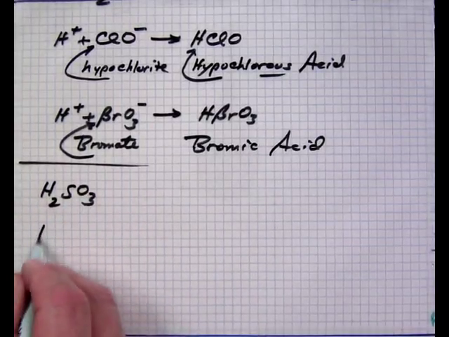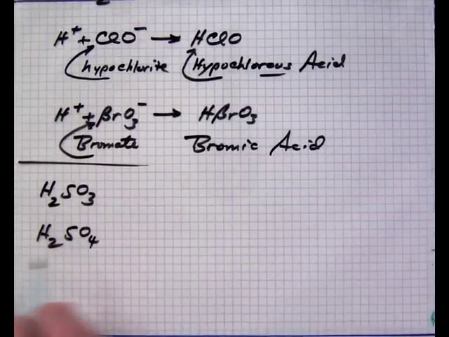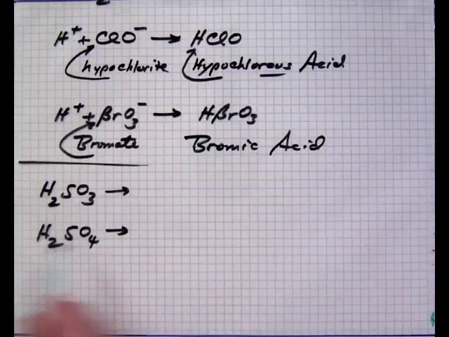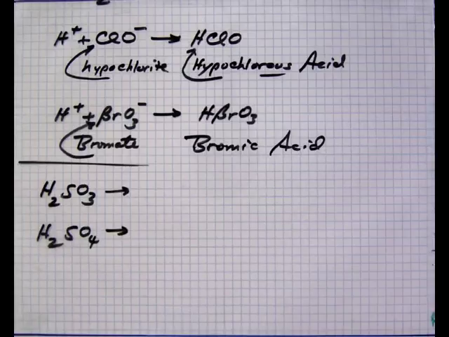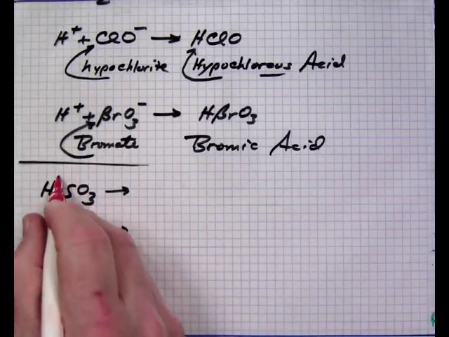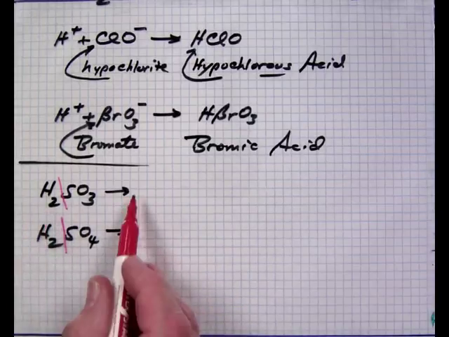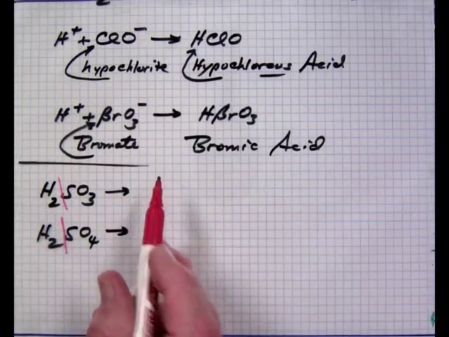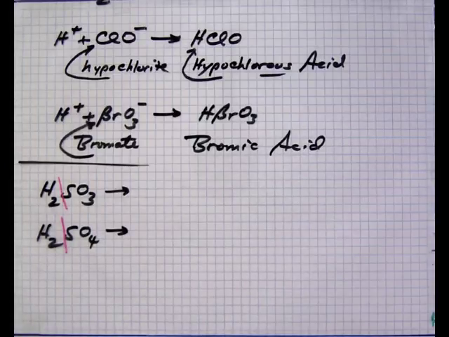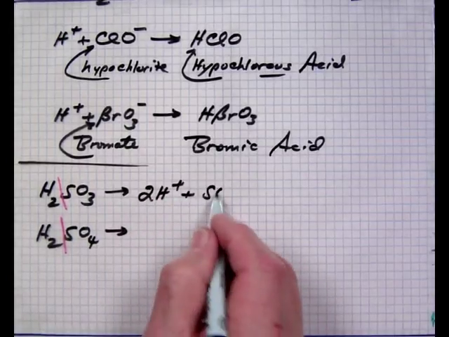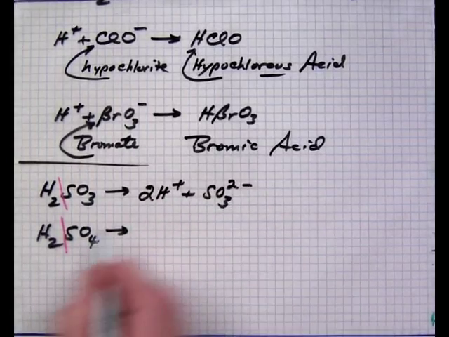H2SO3 versus H2SO4. Here we have an SO3, and when this ionizes, what's the breakdown? Well, they always break left to right, just like I showed you earlier at the cation right here. If it's a subscript 2, it will deliver 2 hydrogen ions. Actually, it's 2 hydronium ions, but for right now it's H plus. 2H plus plus SO3 2 minus, and this one does the same thing.